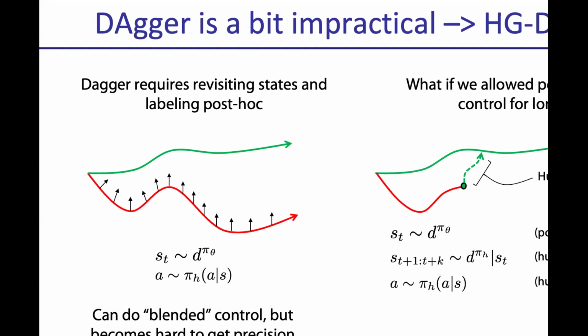There's going to be a state sampled from pi theta, and then you're going to take over at some point. And then you're going to sample k steps where you're not actually acting according to the learner, but you're acting according to the human, right? So it's like if you're driving, at some point you take over and then you drive back to somewhere safe. Or if it's a robot doing something wrong, you take over, you bring it back and pick something up.